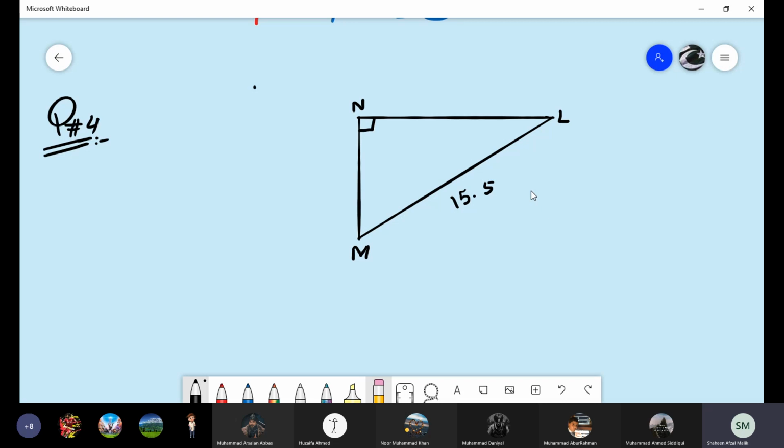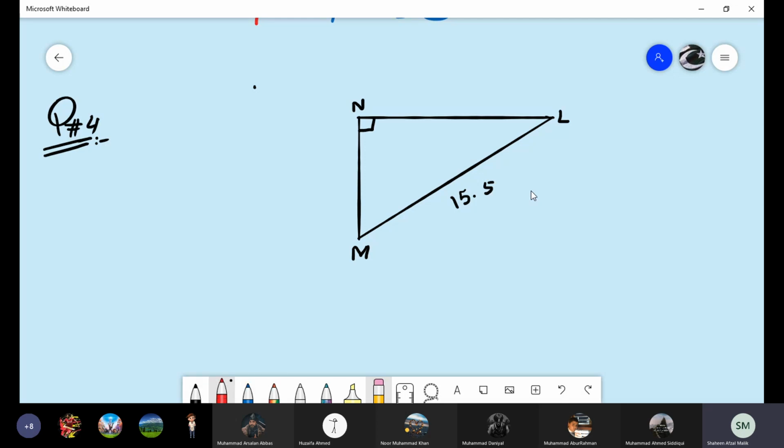Can you see the angle LNM is 90 degrees? It means the 90-degree angle is at the middle point. Which letter is coming in the middle? Letter N. So the 90-degree angle is at N. There is another point H that lies on N and L. HM is given, that is 9.2 centimeters.